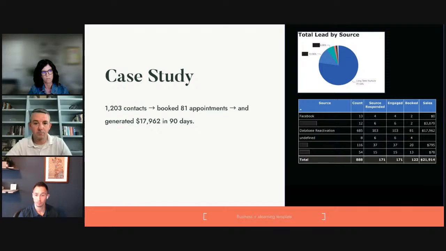That is somebody who engaged in a meaningful conversation that leads to a booking. And we see from there 81 that were booked. The total revenue generated from that was $17,000, close to $18,000 over the next 90 days with that high ticket, more aesthetics based service. So that's how database reactivation works from a measurement standpoint.